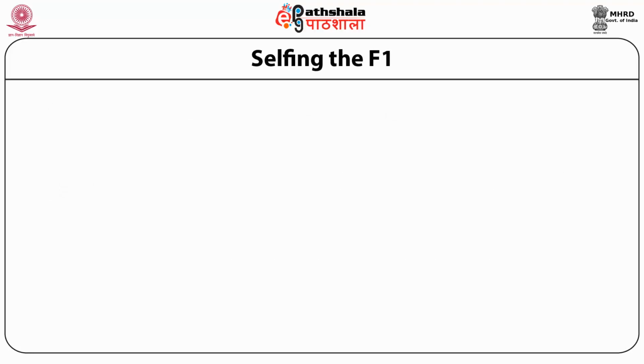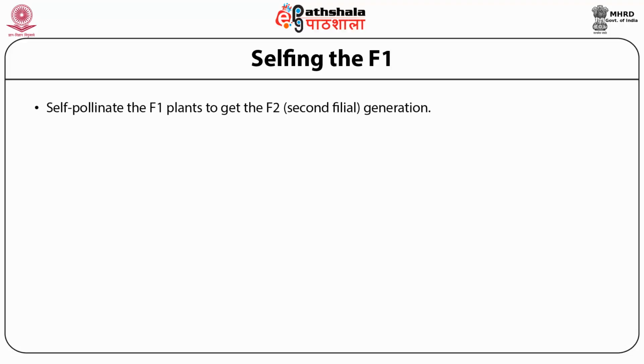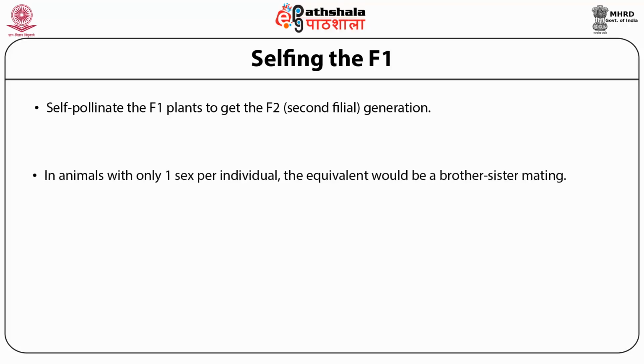Selfing the F1, or the self-pollination of plants of the F1 generation, gives the F2, second filial generation. In animals with only one sex per individual, the equivalent would be a brother-sister mating.